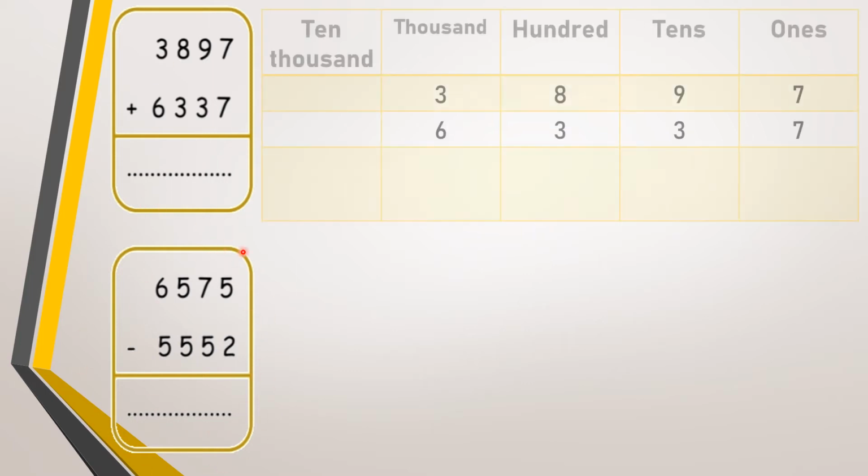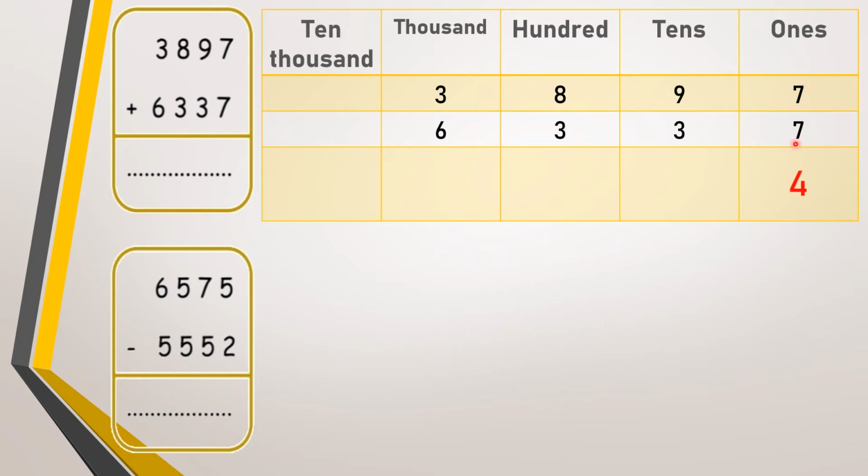Here I have these two problems. I will use the place value method to solve them. So I put every digit in its place value like this, ones and tens and hundreds and thousands, and I add them together. 7 plus 7 is 14, so I put 4 and carry up 1. So now this is a 10, not 9. 10 plus 3 is 13, so I put 3 and carry up 1 because I can't put 2 digits in one place value.